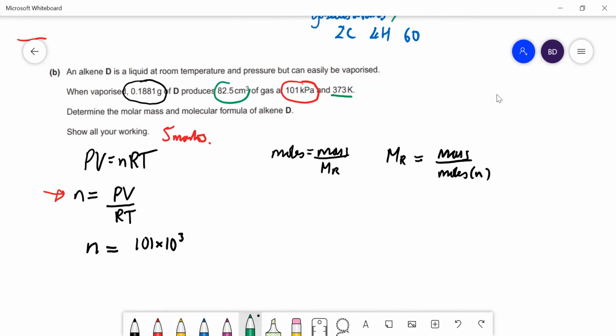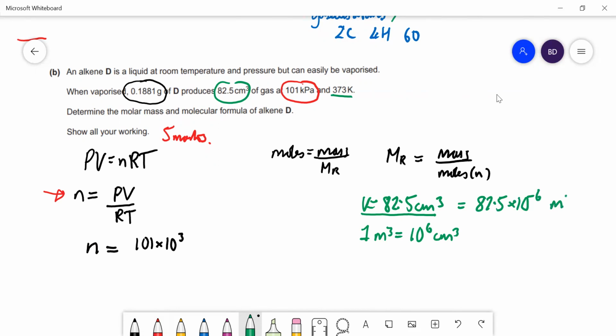The volume is 82.5 centimeters cubed, but we've got to measure it in meters cubed, and 1 meter cubed is equal to 1,000,000 centimeters cubed. So this volume of 82.5 centimeters cubed is actually equal to 82.5 divided by 1,000,000 meters cubed.